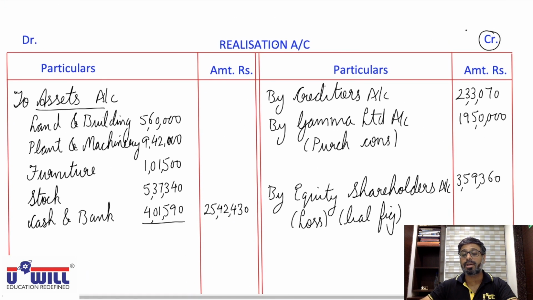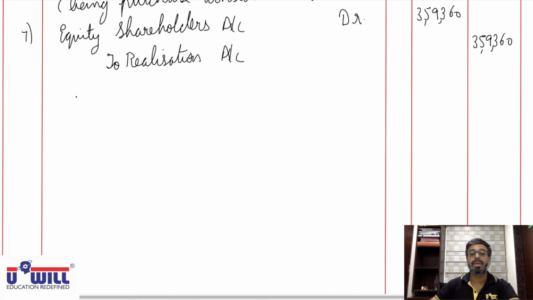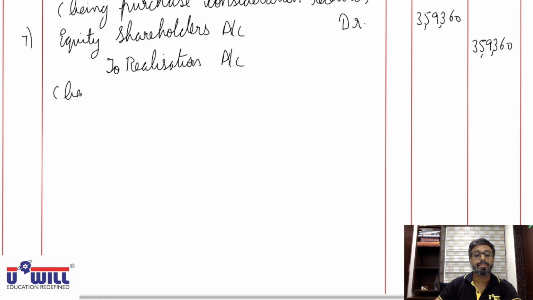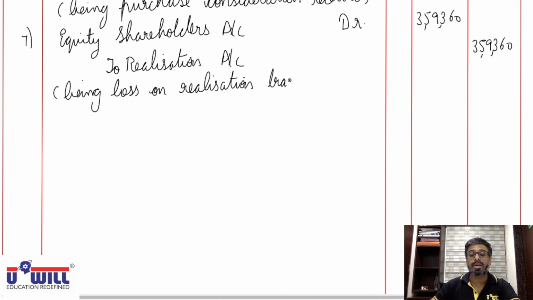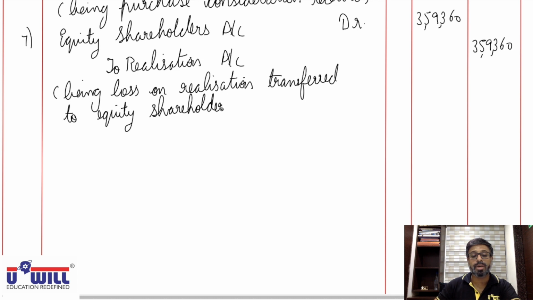In realization account it is on credit side, so to realization account 359,360, being loss on realization transferred to equity shareholders account.